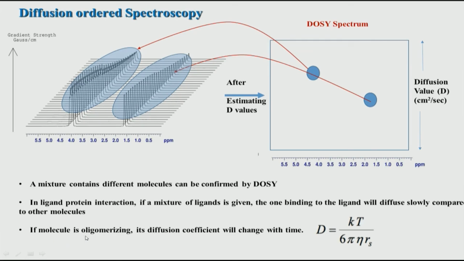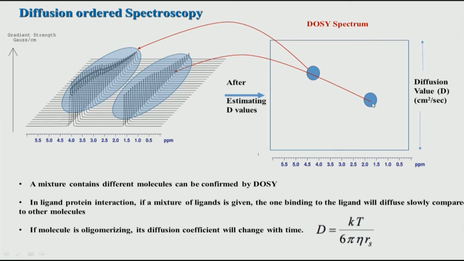Now, let us say you are looking at some oligomerization process, for example, a molecule becoming a dimer, a trimer or a tetramer and so on. As it starts oligomerizing, it becomes a bigger and bigger molecule, and therefore its diffusion will slowly reduce. So, if you record the spectrum in real time as the process is happening in situ, you will see the D value constantly changing, and the molecule will show a shift along the time.